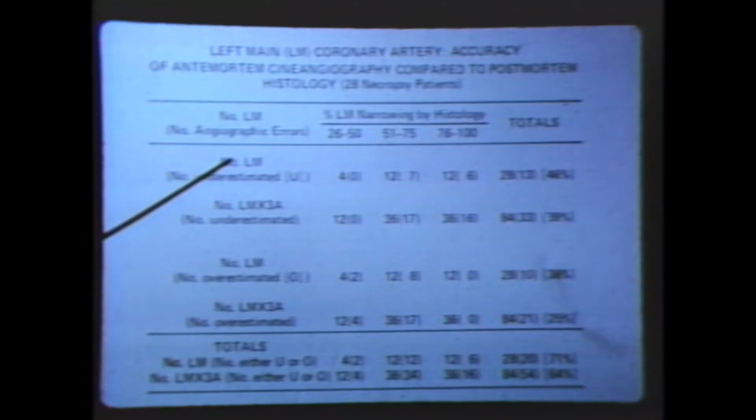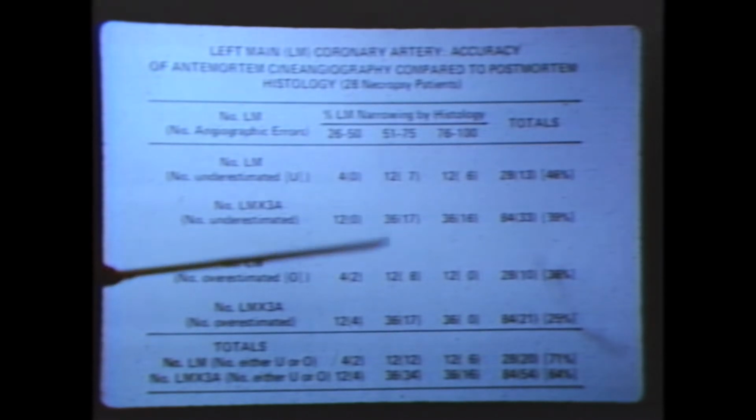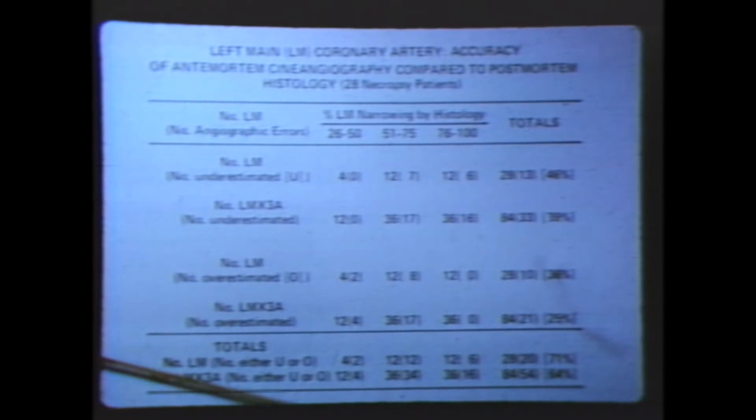Now, this is a study done primarily by my colleague Jeffrey Isner. It was set up the same way as the previous study, but we studied 28 patients, 28 left main coronary arteries, in patients who died within 30 days after the angiographic procedure.